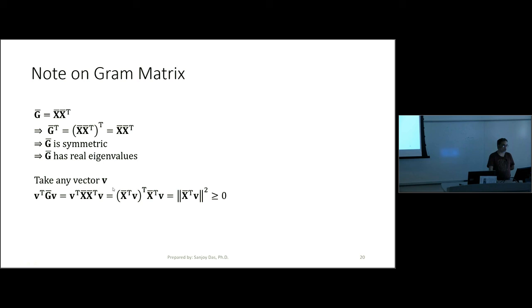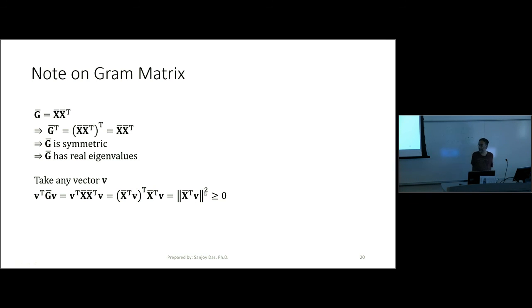Now, why is it positive definite? Take any vector v. Now, this is not an eigenvector, just any arbitrary vector. I didn't want you to get confused with x, which means sample point. So v transpose G v is v transpose X X transpose v, which, clubbing v transpose X together, is X transpose v transpose times X transpose v, which is the L2 norm of X transpose v squared.